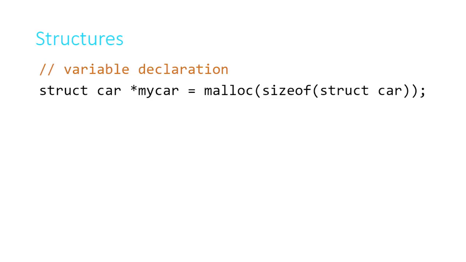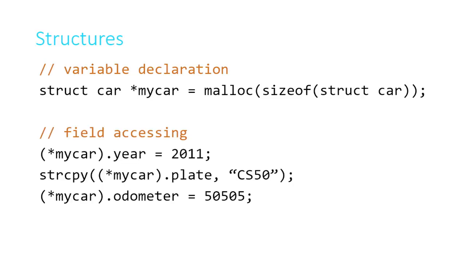It can also figure out on the fly exactly how much space is required for a struct car. So you don't have to go through and figure out, okay, this is probably like 30 bytes or something. You can just say sizeof(struct car) and let the computer figure it out for you. So struct car *mycar = malloc(sizeof(struct car)). That dynamically allocates on the heap one chunk of memory large enough to hold a single struct car within it.